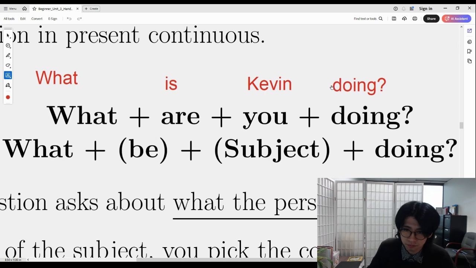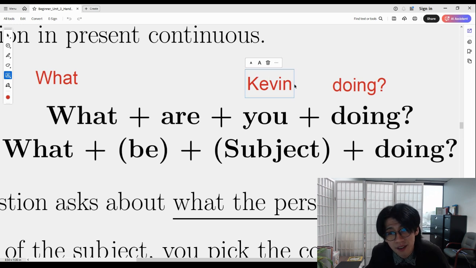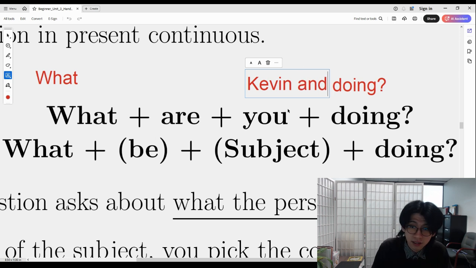Okay, let's make it a little bit complicated now. How about we erase this? We can keep the what and doing because it stays in spot just like that. Okay, so instead of just Kevin, how about Kevin and Coco? Let's do that.